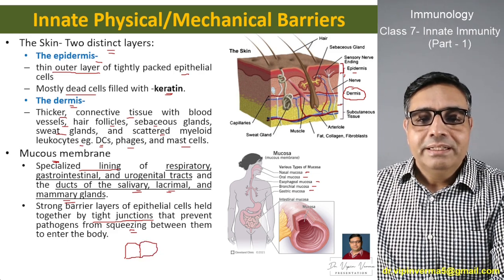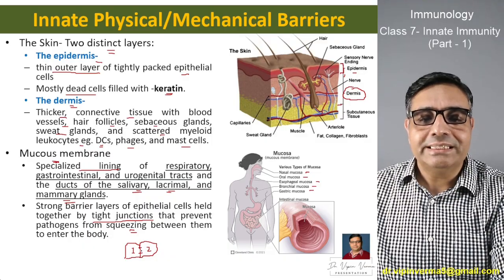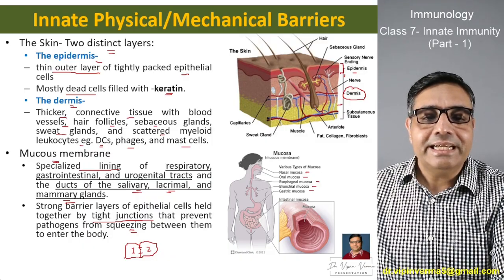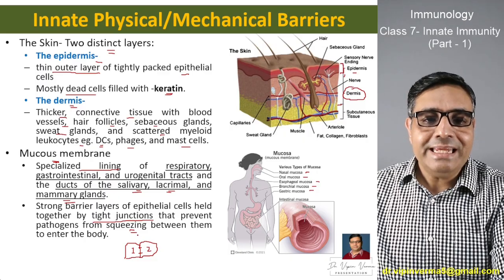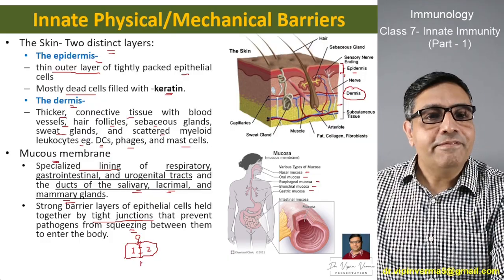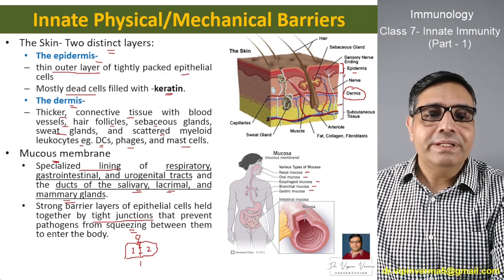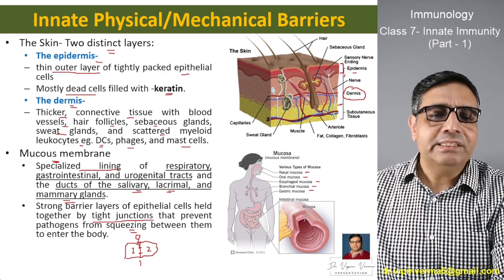The boundary between cell number 1 and cell number 2 has the tight junctions, and these tight junctions are so tight that if any pathogen wants to squeeze through or break this barrier, it will not get through because it is so tight.